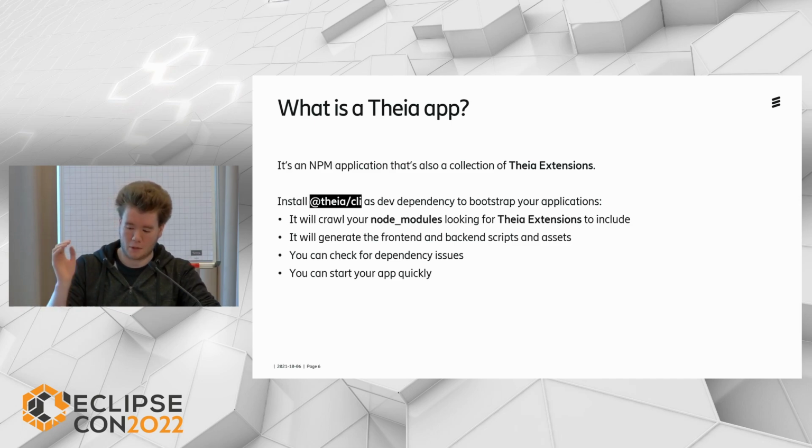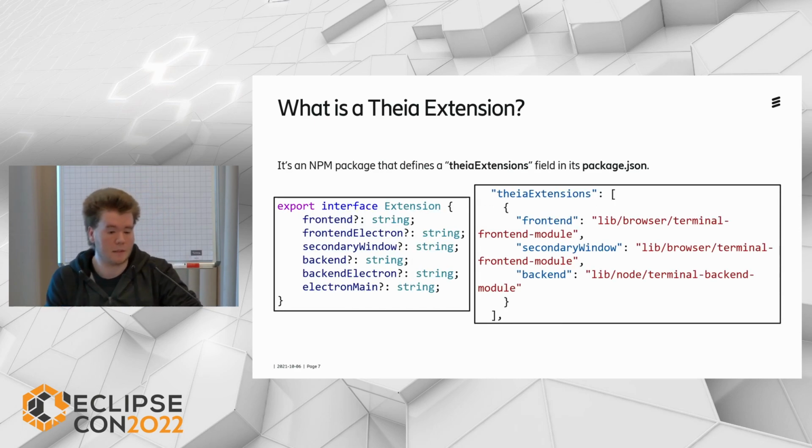This collection mechanism is so that then we can create static files that import everything required to create your application, essentially. You should also use the CLI in order to check for dependency issues, and you can use it to start your application, but it's not really necessary.